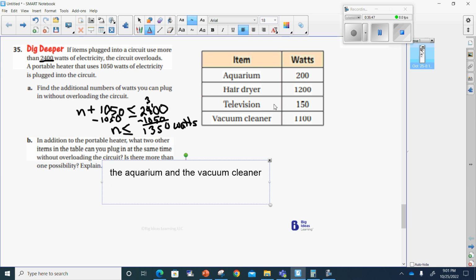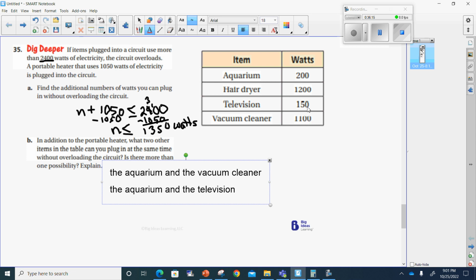Another set could be the television and the aquarium. Okay. Are there any other combinations?